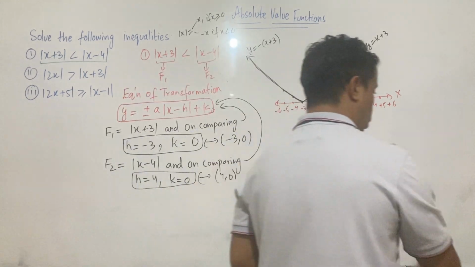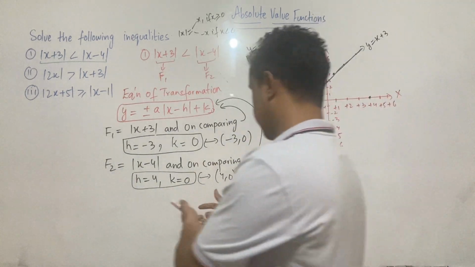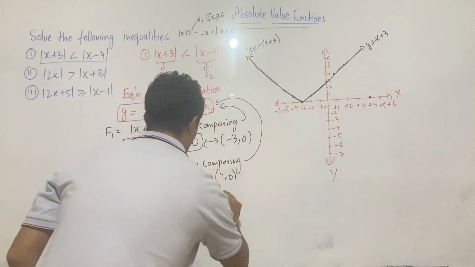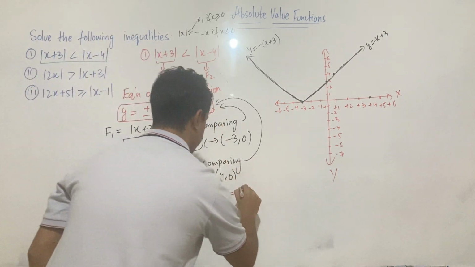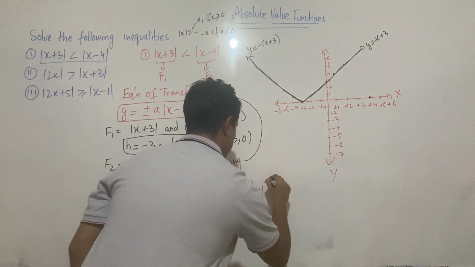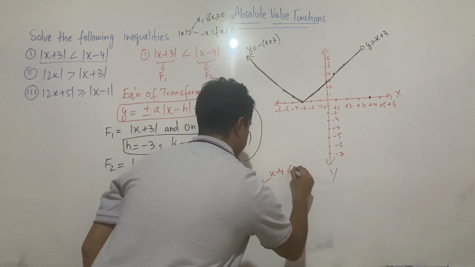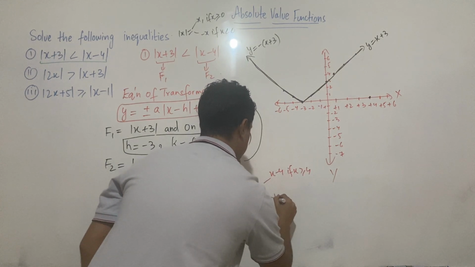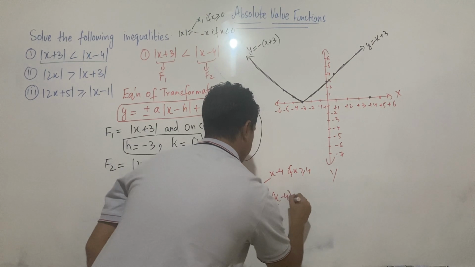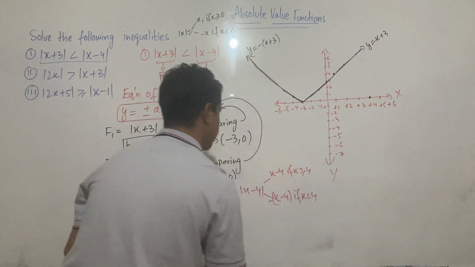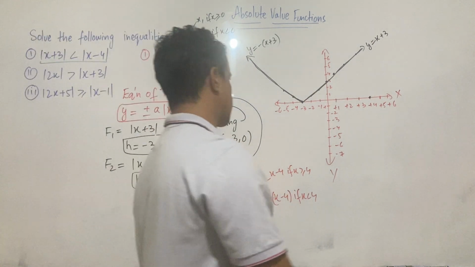Let's check the other one. The other one given to us is y equals absolute value of x minus 4. So it's going to be x minus 4 if x is greater than or equal to 4, and minus of x minus 4 if x is less than 4. Okay, so x minus 4, this is 4.